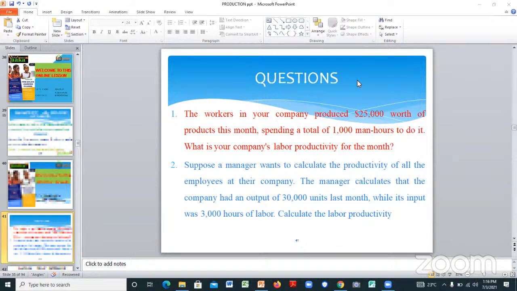So we said that to get the labor productivity, first of all, from our question, we are going to divide the 30,000 by the 3,000 to make sure that we get the labor productivity. So we are getting the total output over the input, or over the 3,000.